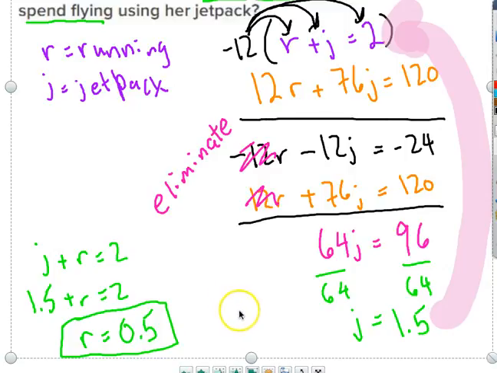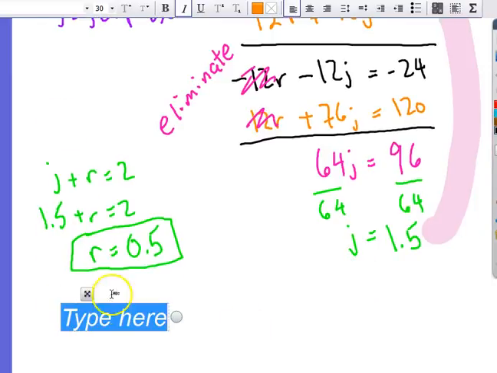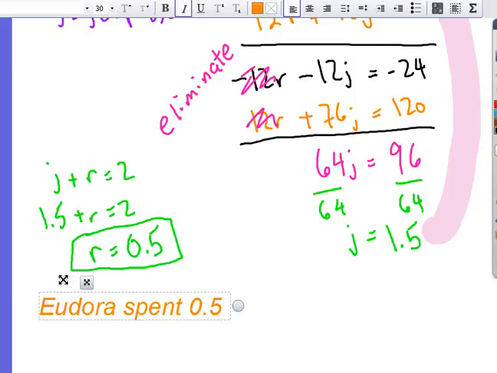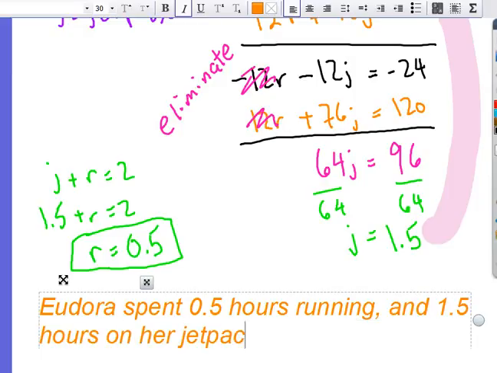Let me summarize that as a sentence. Because the first step is define your variables, and the last step is always to summarize it as a sentence. Eudora spent 0.5 hours running and 1.5 hours on her jetpack.